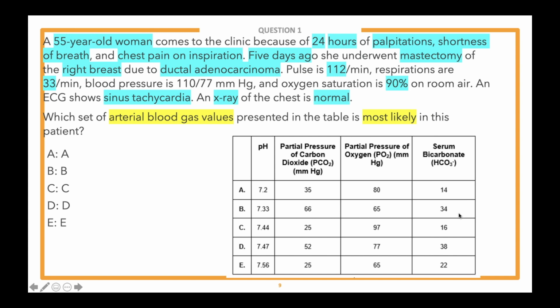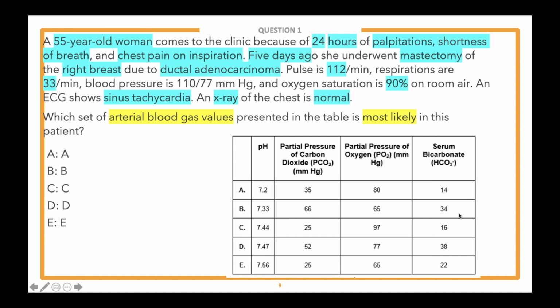So our 4 columns are pH, partial pressure of CO2 or carbon dioxide, partial pressure of oxygen or PO2, and serum bicarbonate. Answer choice E, a pH of 7.56, PCO2 of 25, PO2 of 65, and a bicarbonate of 22. Answer choice D, a pH of 7.47, PCO2 of 52, PO2 of 77, and a bicarb of 38.